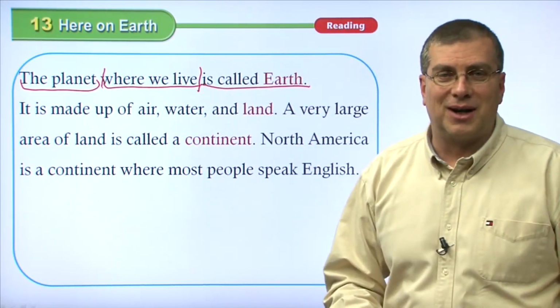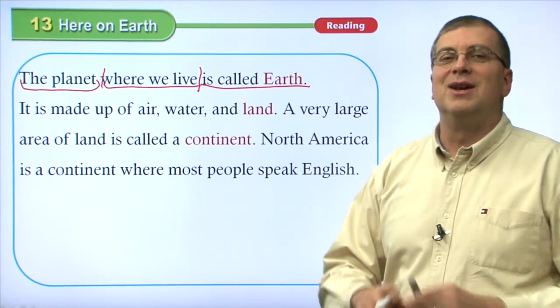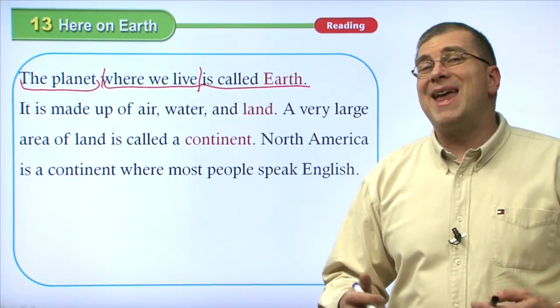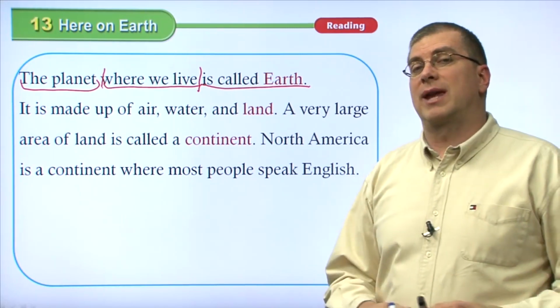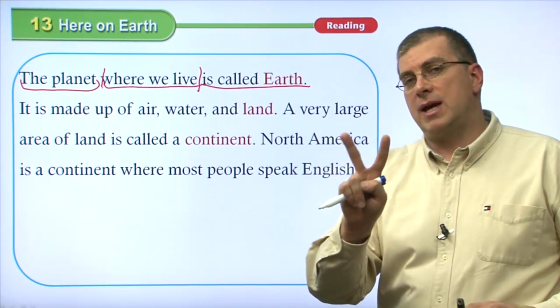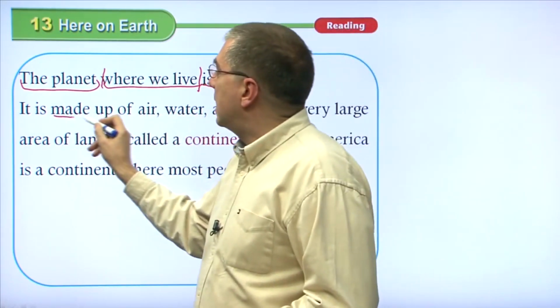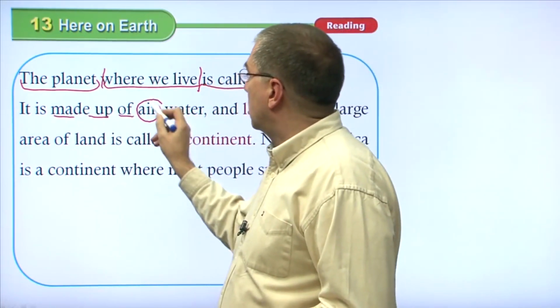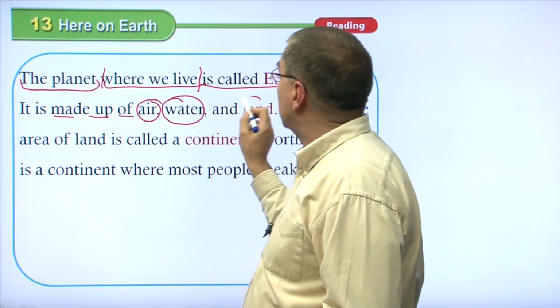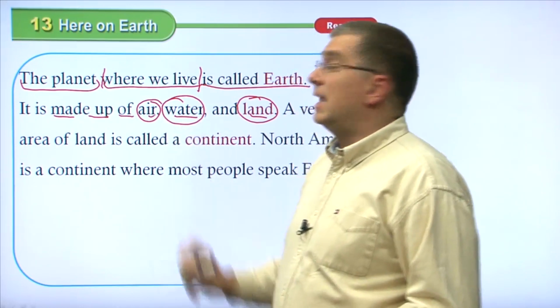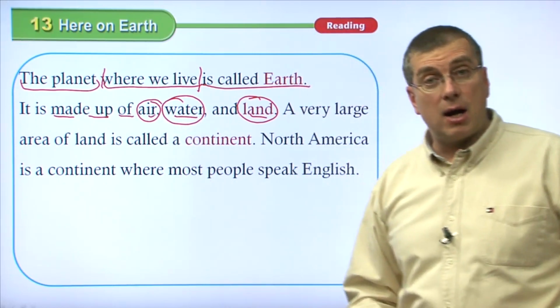We all live there, right? We don't live on the moon, not yet. We all live on Earth. Now, what is Earth made up of? In the vocabulary section, we talked about 2 things, but actually there's another thing, right? It is made up of air, water, and land. We talked about water and land, but it's also made up of air.